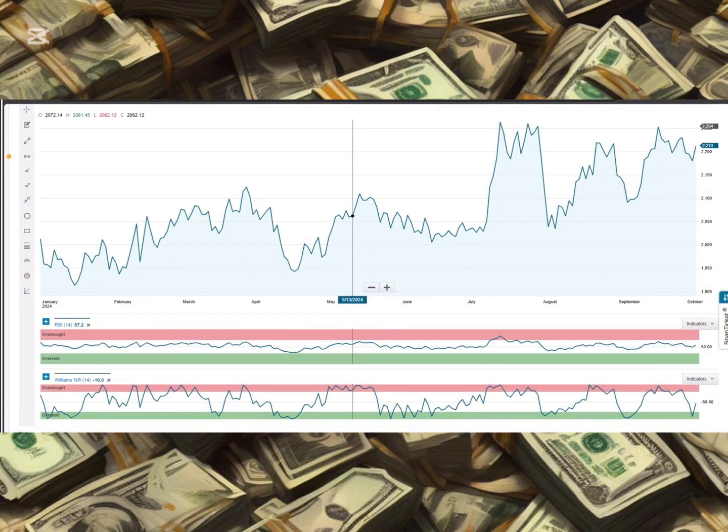With the Williams %R oscillator used in this strategy, I'm looking for points of interest where you have a high in the Williams, so you're not owning anything, but at the same time you're looking for your next buy-in point.